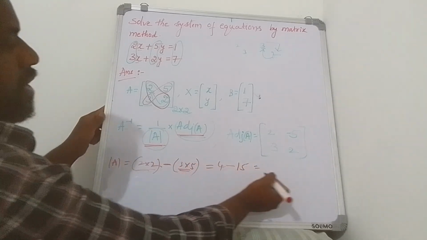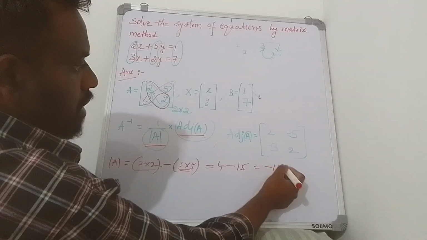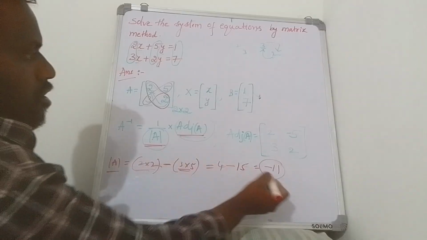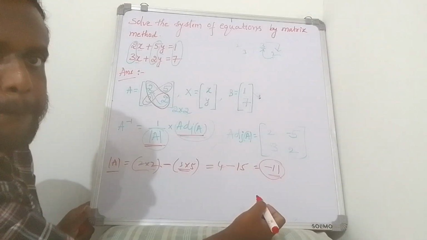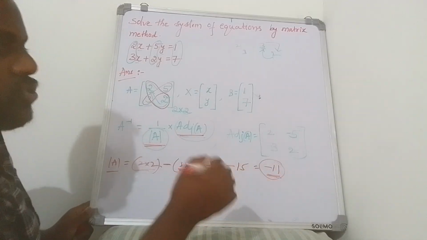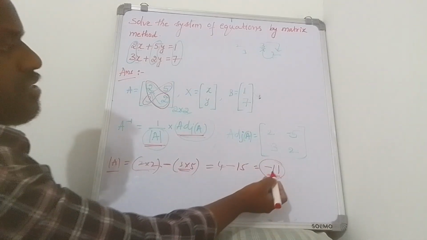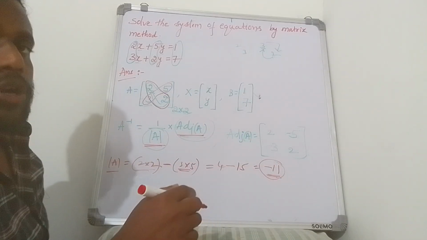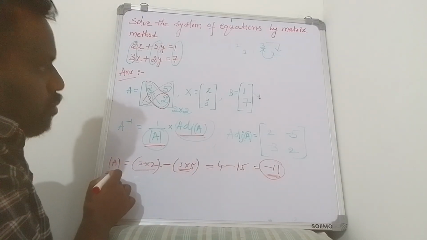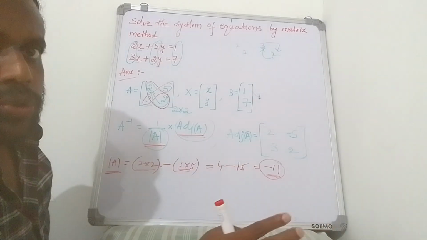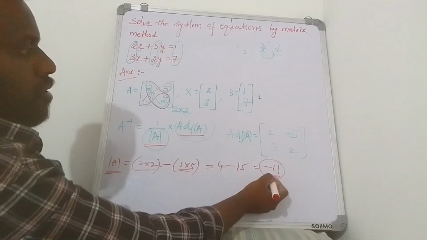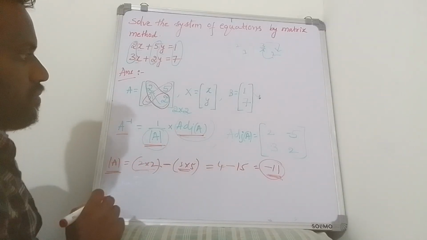So 4 minus 15, how much? Minus 11. Determinant A is minus 11. This is not 0. Since determinant A is not 0, the inverse exists. Sometimes if you get 0, there won't be an inverse. First we need to find determinant A. If the value is not 0, the inverse exists, so we can find the inverse.